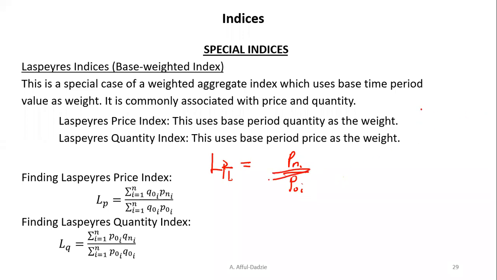But in this case, the base quantity would be used as the weights. So we use the base quantities for the weight when you are finding the price index. And then when you are finding the quantity index, you will now use the base price as the weight.